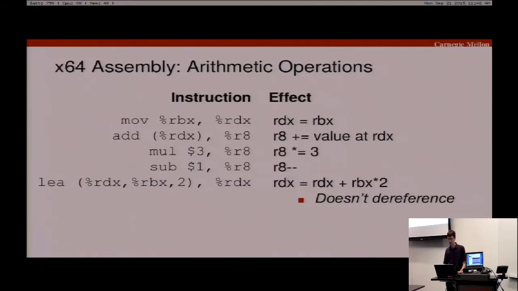OK, so do we sort of see how arithmetic works in assembly? So it's all of the instructions, basic things you would expect. You've got move, add, multiply, subtract, bit shifts left and right, arithmetic and logical. You've got all of the bitwise operations. Divide and mod are a little bit funky.